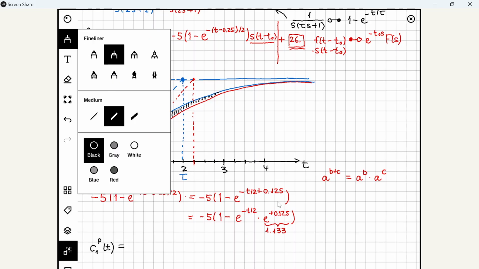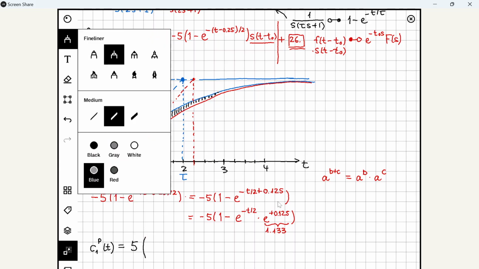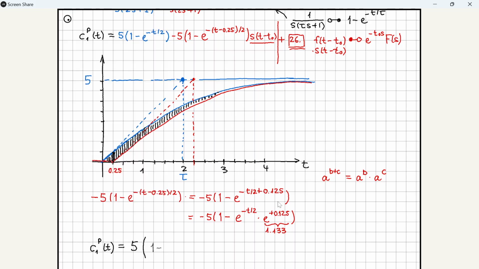We just multiply everything by 5 at the end, so I don't have to do it twice. 5 times, and now it's the blue term: 1 minus e to the minus t over 2, minus 1. And now I take this term here plus 1.133 times e to the minus t over 2.